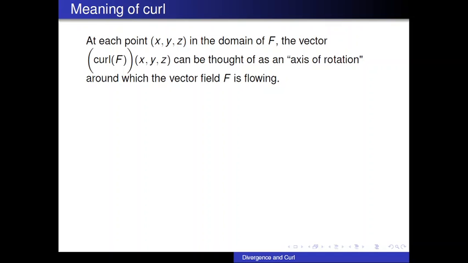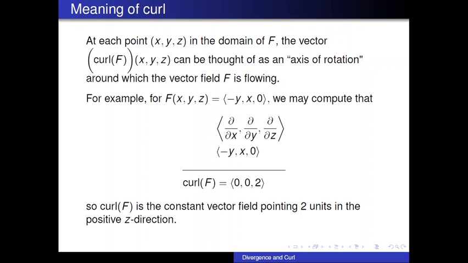Okay, so the meaning of curl: we get a new vector field associated to this old one, big F. What does curl of F mean? At every point you get a vector that is related to the original vector field F in the sense that it is some kind of axis of rotation around which the original vector field is moving. As our favorite example, again, take that vector field that swirls around the origin in the xy plane in circles.